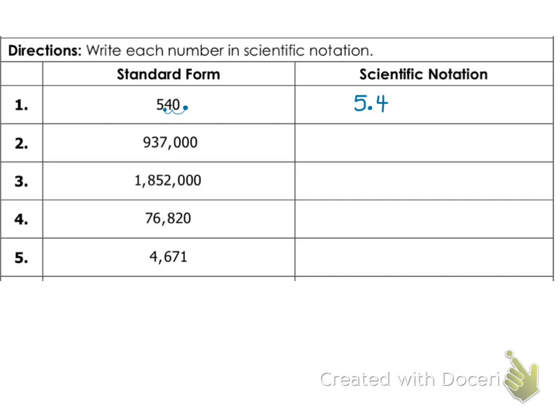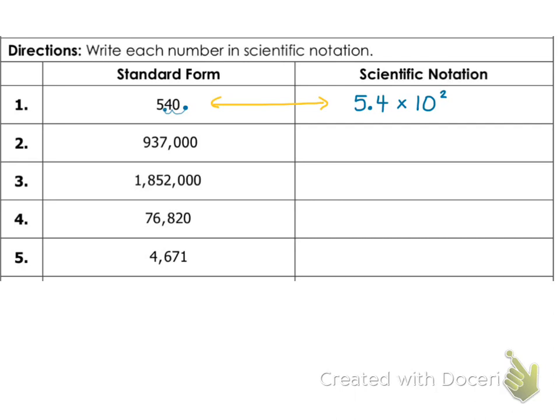We want these two numbers to be equivalent, so we would need to multiply it times 100. We write 100 as 10 to the second power. It's not a coincidence that we moved the decimal point twice and the exponent for the 10 is 2. We'll see that that is consistently the case.